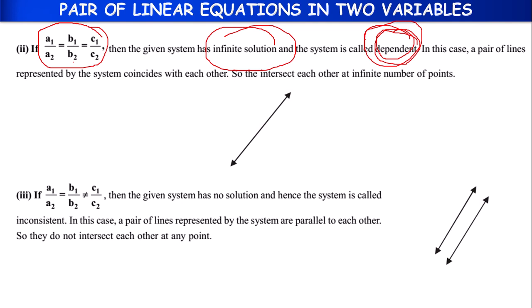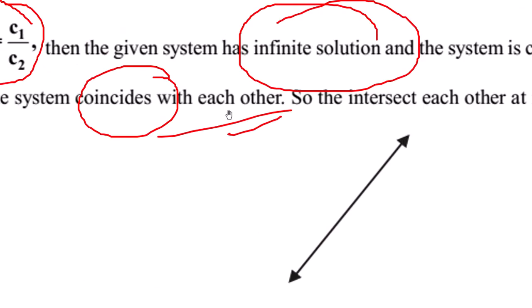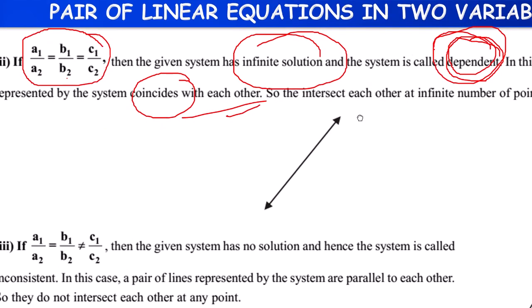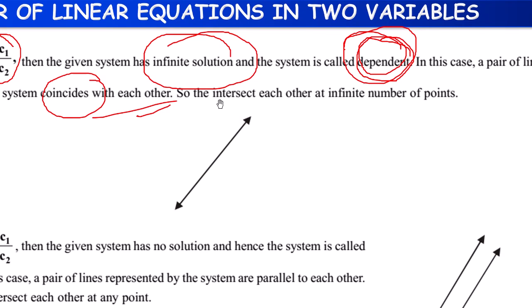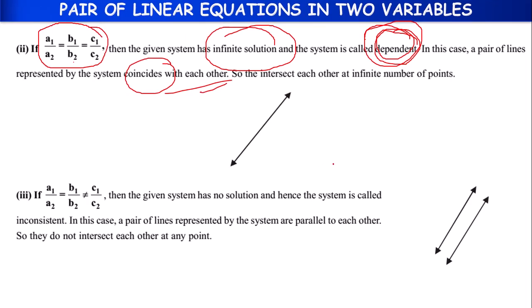In this case, both the lines represented by the system of equations coincide with each other. Because both lines coincide, they intersect at an infinite number of points.